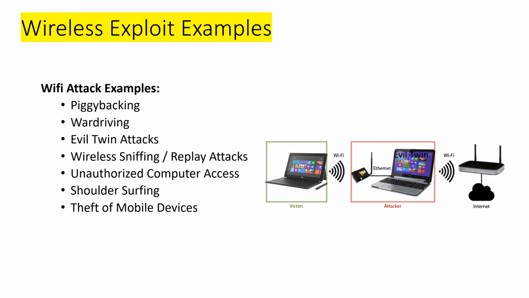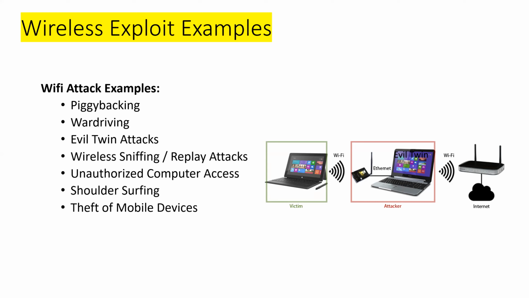You're in General Motors headquarters, and all of a sudden you notice, oh, there's an open Wi-Fi network on the 7th floor. That might allow you to get into their internal network because it's open for whatever reason, and perform an exploit. So war driving is basically walking around, driving around, looking for open access points.